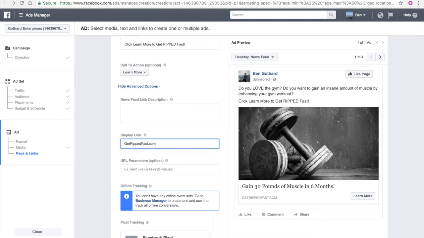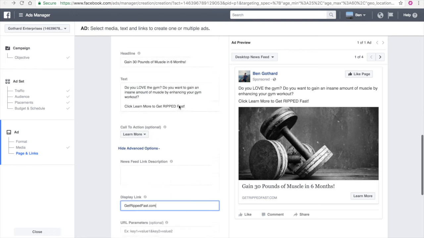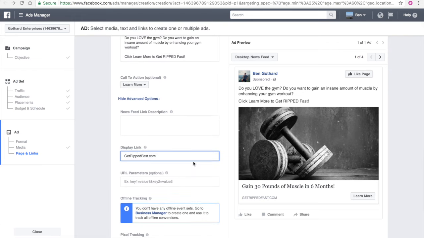Now I will give you a word of caution here. If you have a different display link than website URL, Facebook is going to flag you and they might not even let your ads run, because people need to know what they're clicking on and where they're going. So you can't do clickbait and get people to click on something that they think is one thing and then have them go somewhere else.